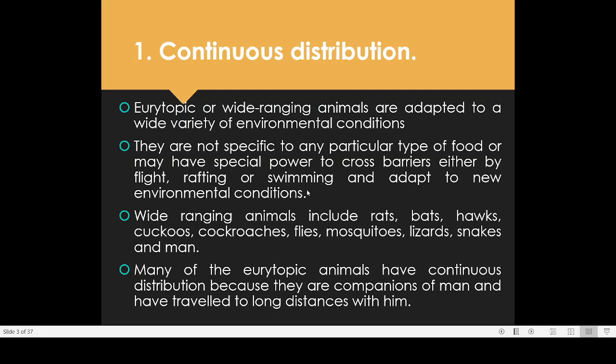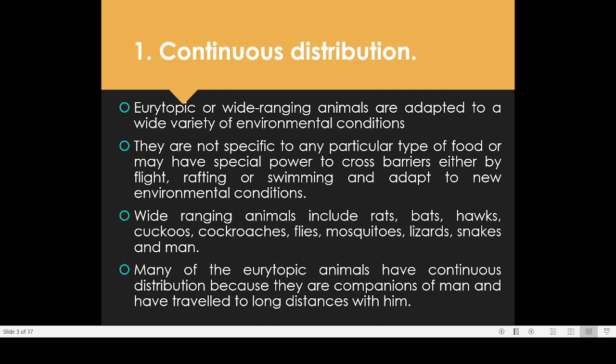Then another is that we have some examples, a wide range of animals including rats, bats, hawks, cuckoos. Cuckoos means quail. Then cockroaches, flies, house flies, mosquitoes, lizards, snakes, and human beings. So if you take all these animals, they are present in most of the important areas of the world.